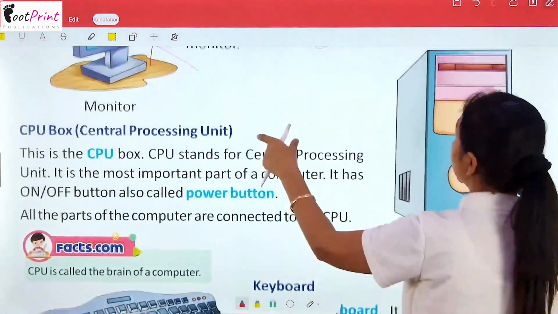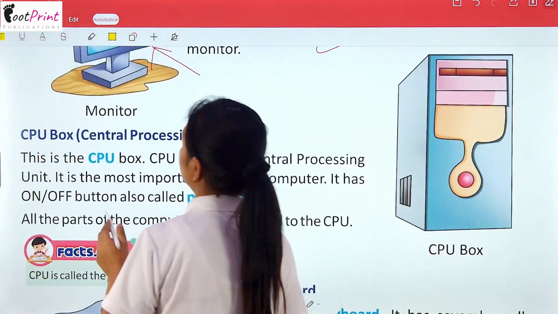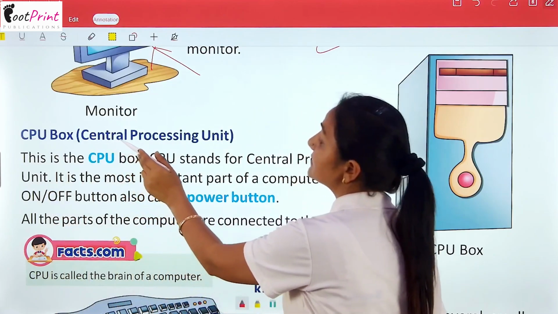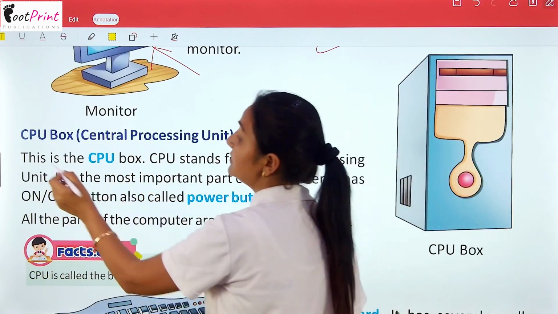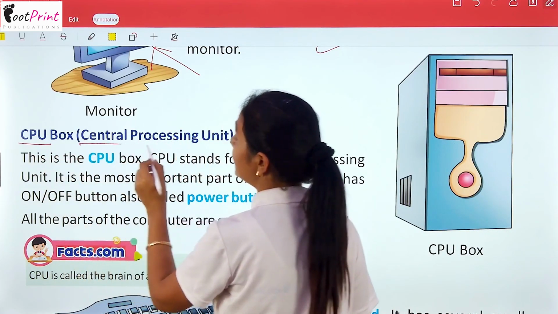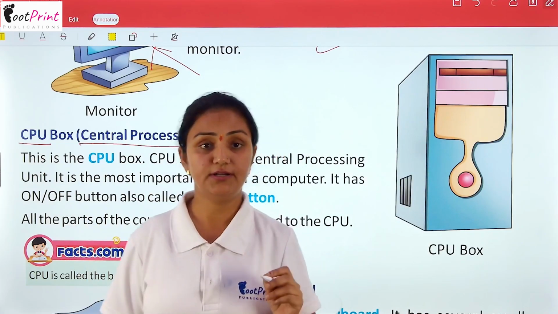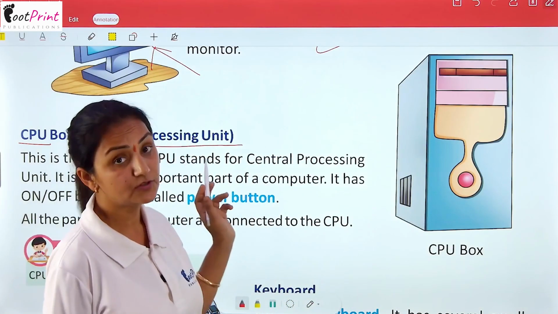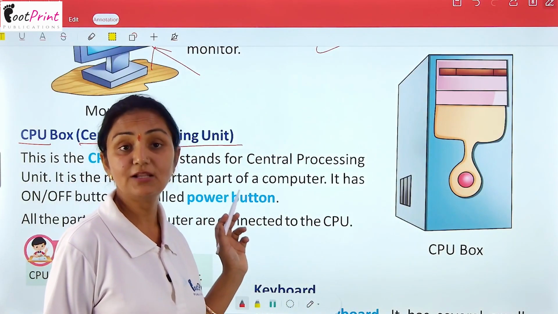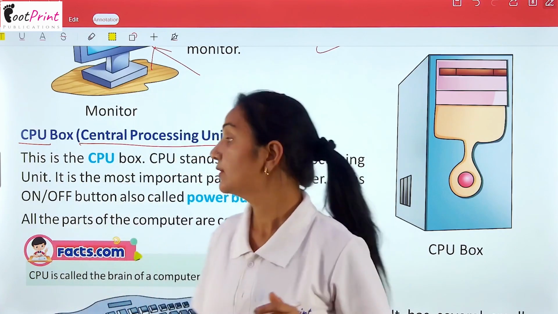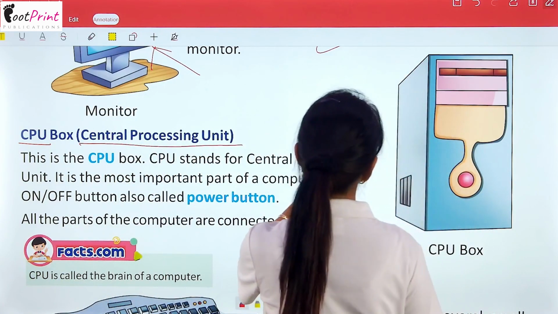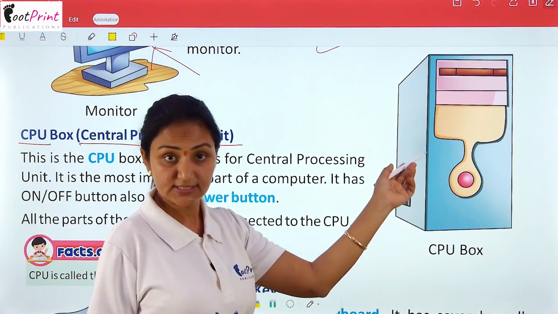And next one we have the CPU. Students, CPU stands for Central Processing Unit. Keep this full form in your mind because it will help you later on. So students, as you can see, this is the picture of your CPU.